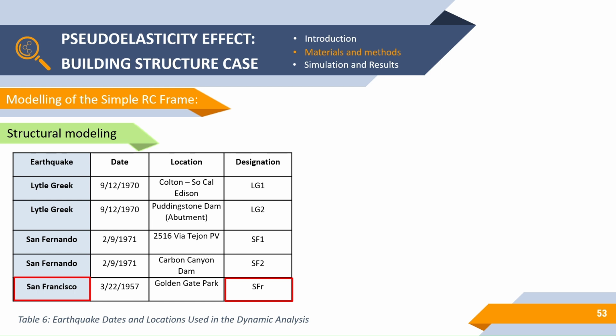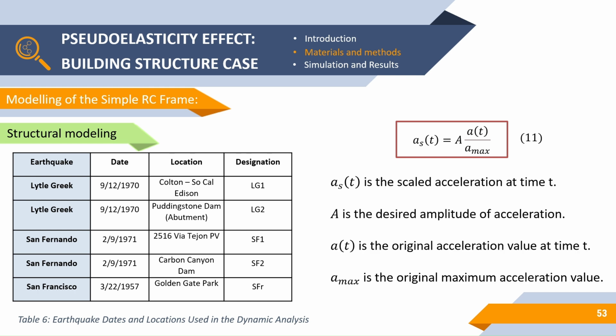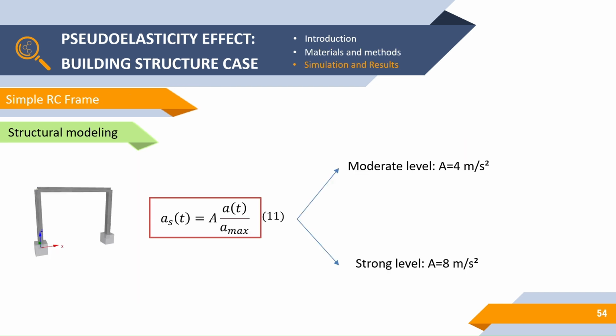They were calculated and scaled using equation 11, where AS is the scaled acceleration at time t, uppercase A is the desired amplitude of acceleration, lowercase a is the original acceleration value at time t, and A max is the original maximum acceleration value. Also, two seismic accelerations were analyzed: a moderate level at 4 meters per second squared and a strong level at 8 meters per second squared.